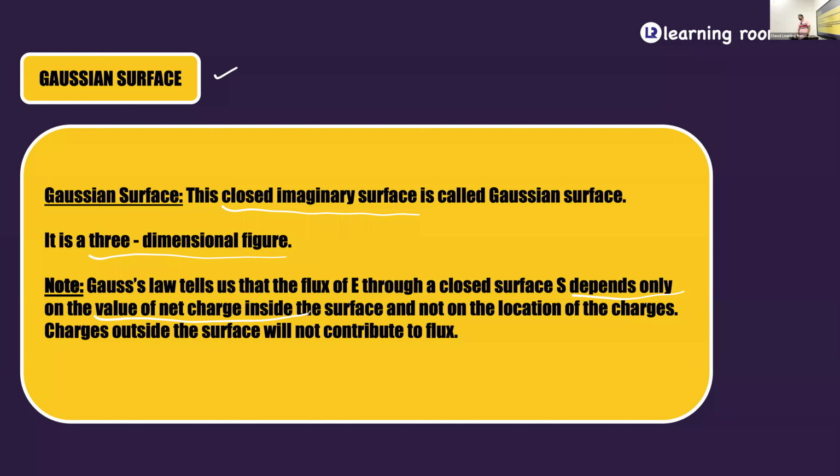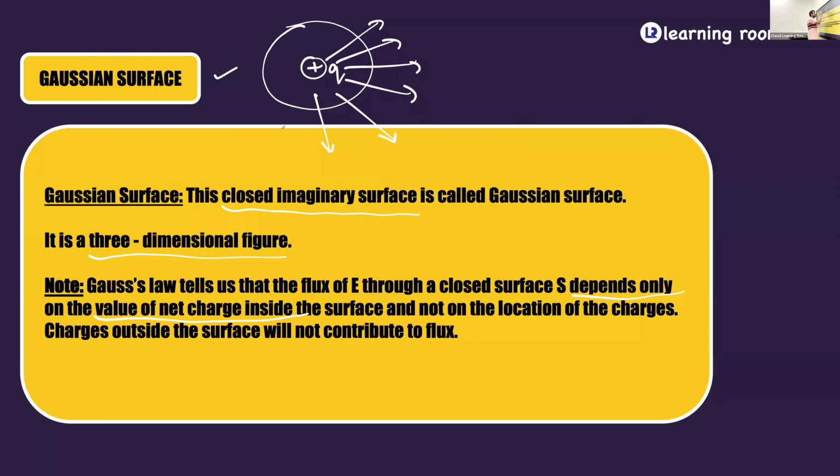Okay, let me take an example and explain it. Suppose I have a Gaussian surface like this. If I take this to be the positive charge, and let's say this value is Q, now due to this, how is the electric field going to be? It is going to be in the radially outward direction.